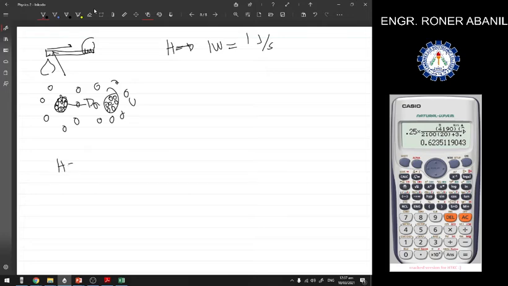So H is equal to dQ over dt, no? Pwede rin natin tong sabihin na negative K multiplied by the cross-sectional area, the derivative of T over the derivative of x. Okay? So the negative sign here shows that the heat always flows in the direction of decreasing temperature.